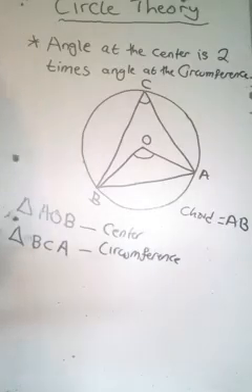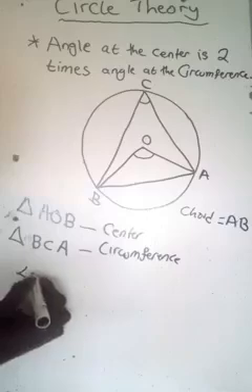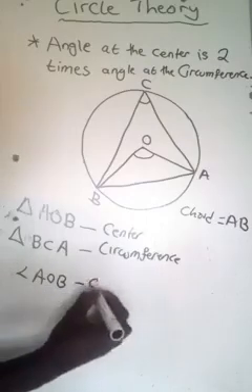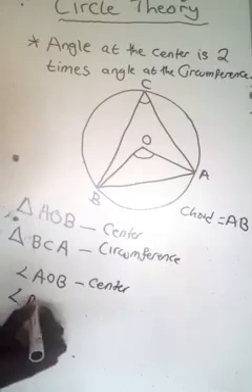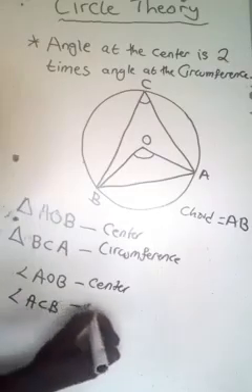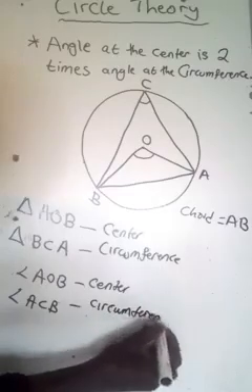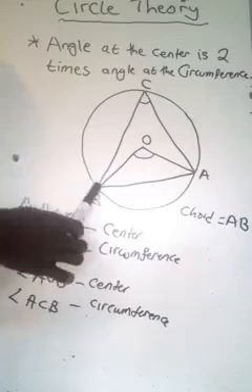Taking note that angle AOB is the angle formed at the center, and angle ACB is the angle formed at the circumference. So for you to apply this theorem, one thing you should note is that the two triangles we're talking about should be sharing the same chord.